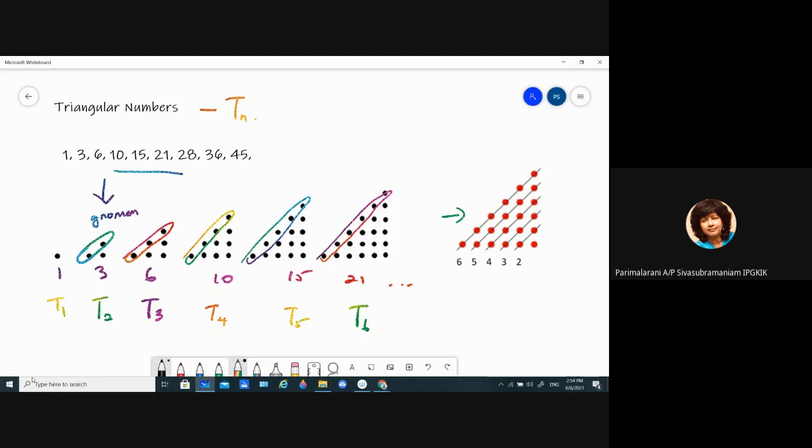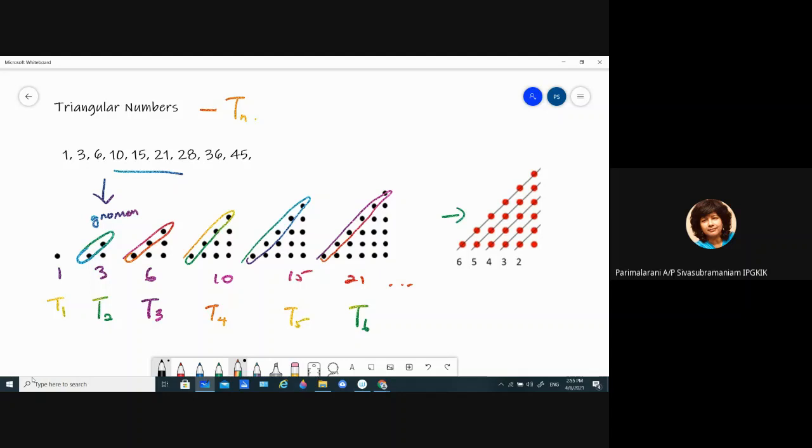In term 2, we add a row of 2 dots. In term 3, we add a row of 3 dots. Term 4, we add a row of 4 dots. Term 5, we add a row of 5 dots, and so on. So the next number in the sequence is another extra row of dots according to the term.